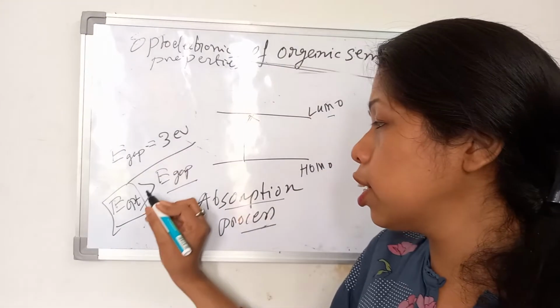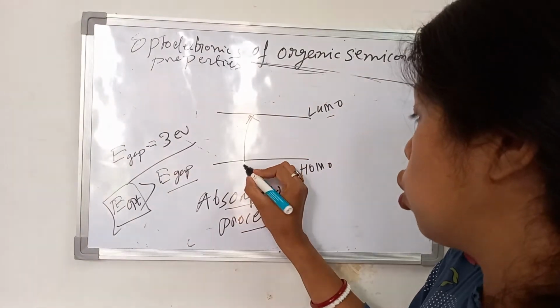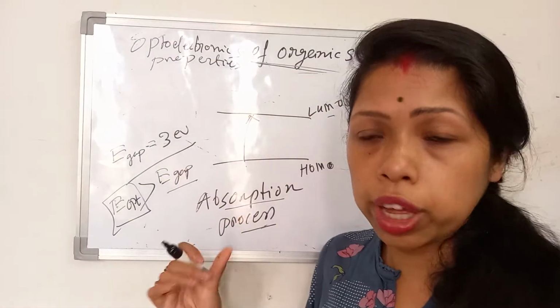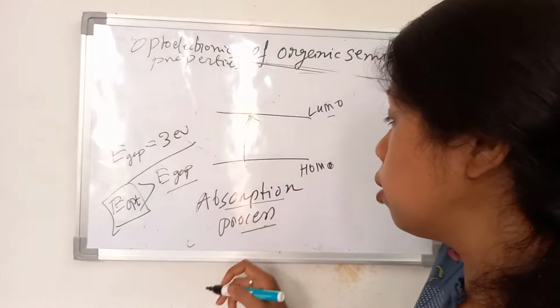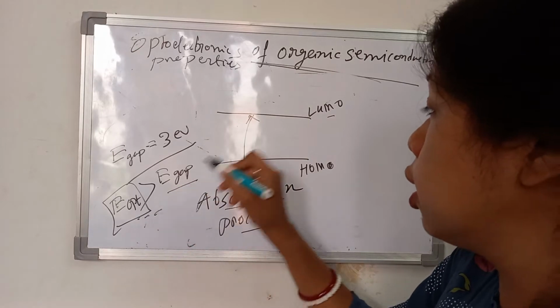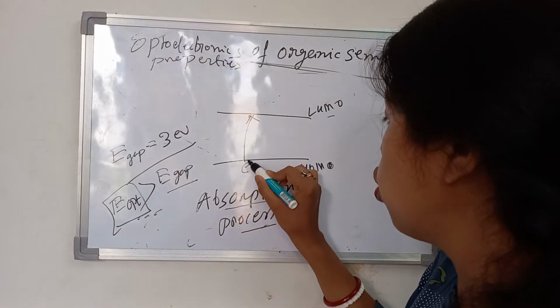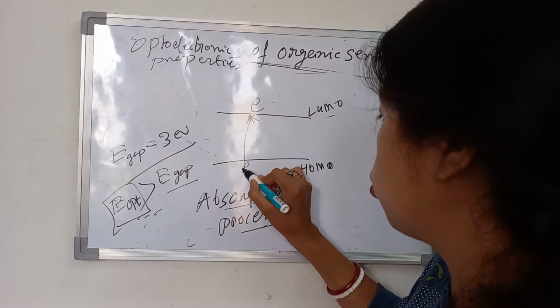If E optical is greater than E gap, the band gap, then the electron goes up, because the HOMO, the highest occupied molecular orbital, is occupied by electrons. So when this energy hits the semiconductor, an electron will go from the HOMO level to the LUMO level. Here a hole will be created.